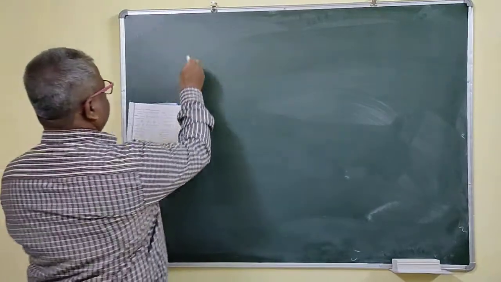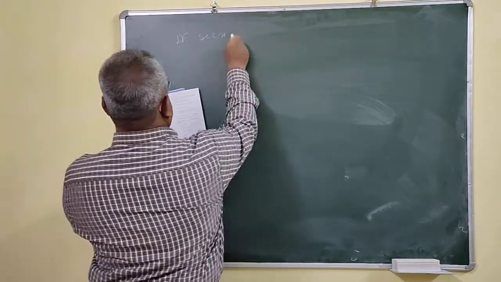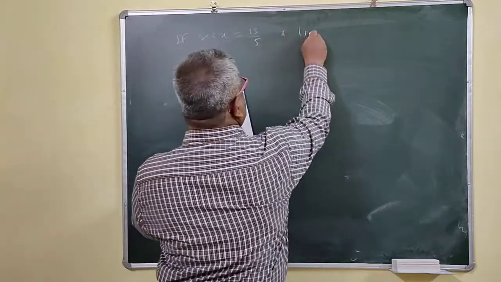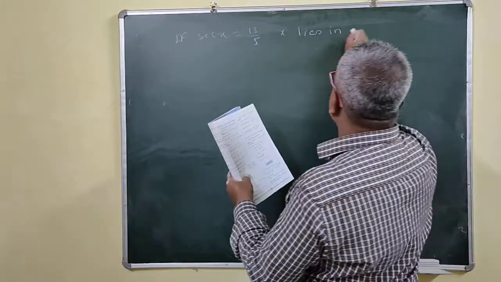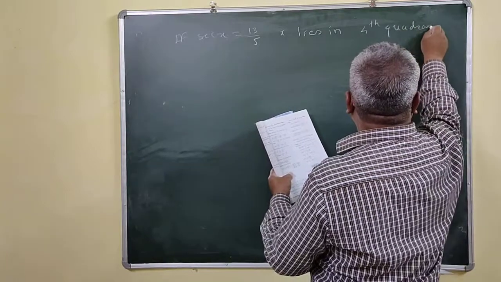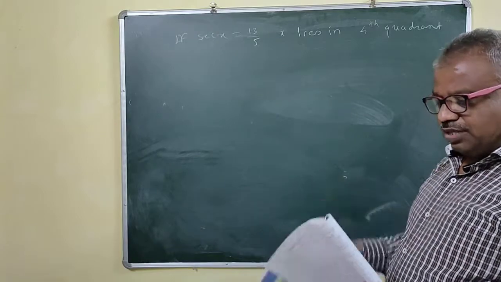If sec x is equal to 13 by 5, x lies in the fourth quadrant. So here it is directly given that it is in the fourth quadrant, not lying between this and this.